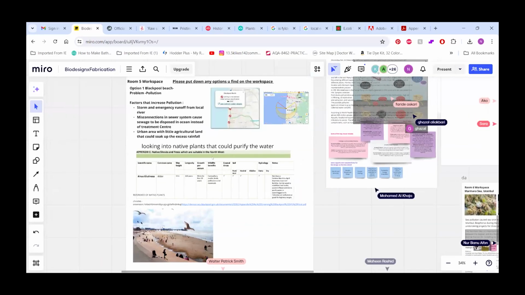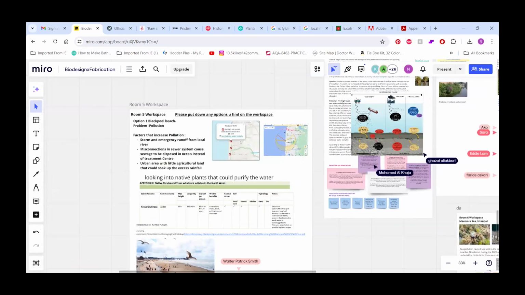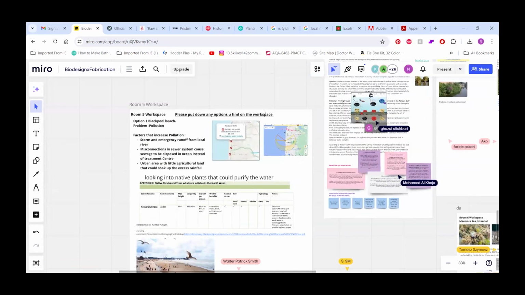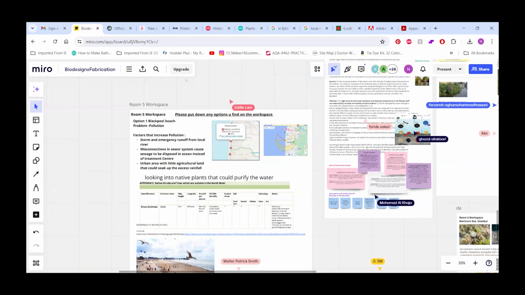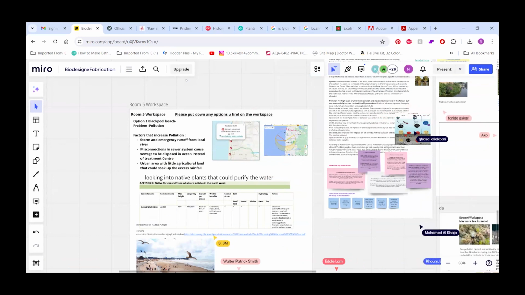Okay, so we're focusing on Blackpool Beach in the UK. It used to be a very big fishing and beach spot in the early 1800s and even in the 1900s.